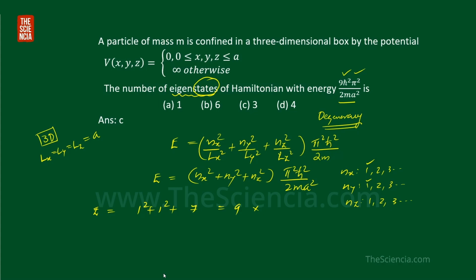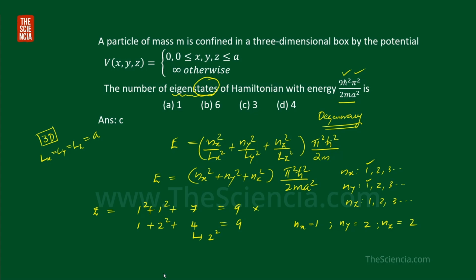Another one: I am taking nx as 1 and ny as 2. So the total value should be 9. It is 1 plus 4, that is 5, so the remaining value will be 4. Okay, 4 is a perfect square, that is 2 square. So one combination is possible, that is nx equal to 1, ny equal to 2 and nz equal to 2.